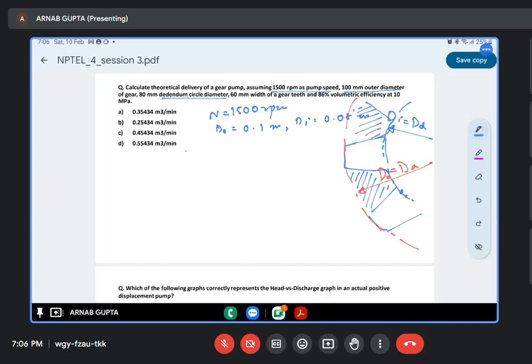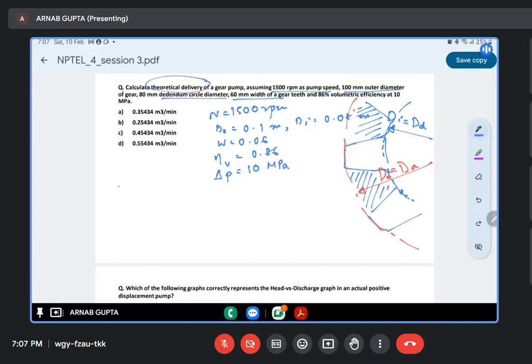You have 60 as the width of the gear too, so 0.06, and your volumetric efficiency has been given 0.86, and 10 MPa. Again, they have asked the theoretical delivery only.